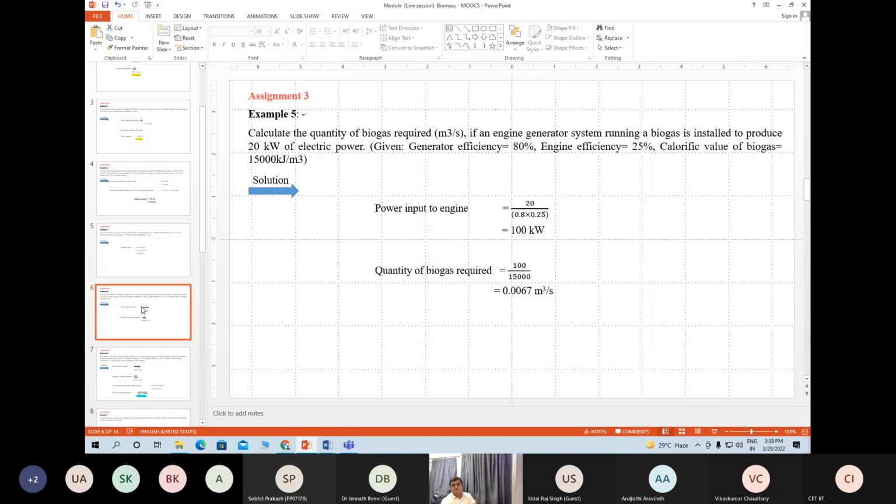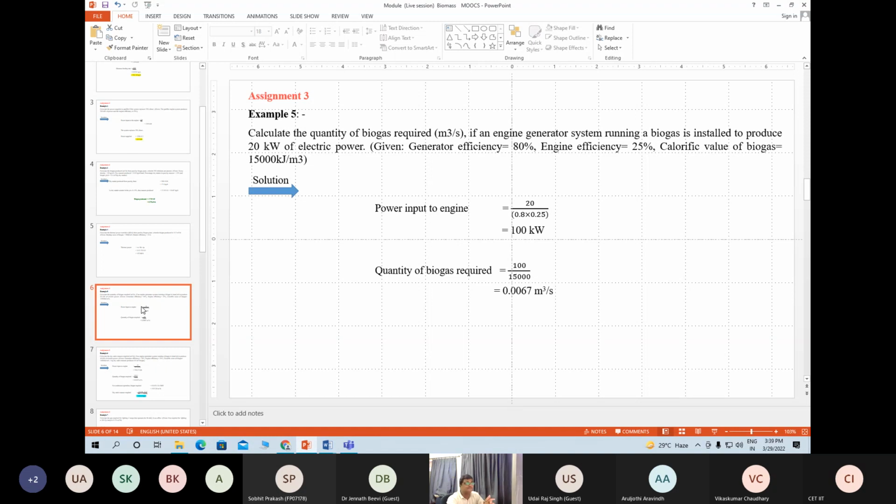So we require both the efficiencies, the generator efficiency and the engine efficiency. And the calorific value of the gas is always required in the example when asked to calculate the quantity of gas required, or the thermal power available, or the thermal power required. So you always need to know the calorific value of the biogas, and it is always given in examples. Maybe there is a slight change of 5% or 10% in the values, but accordingly the values are already given in the examples.